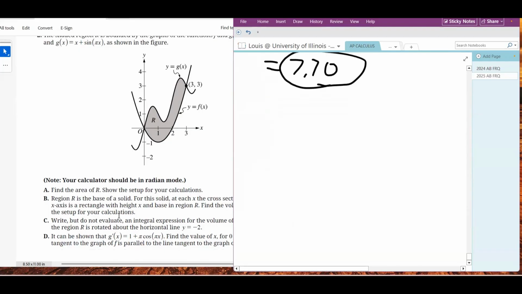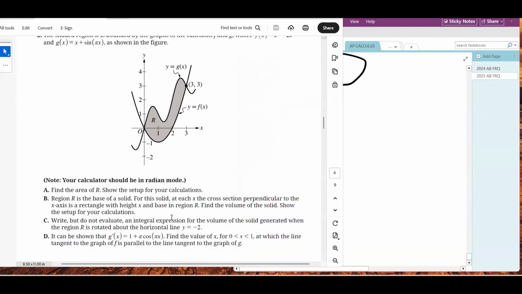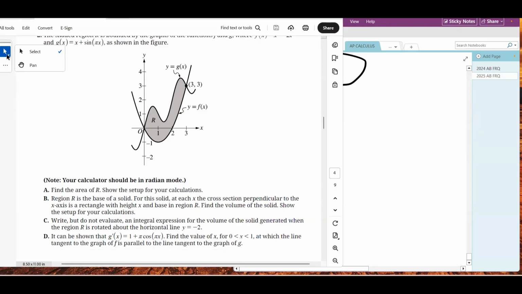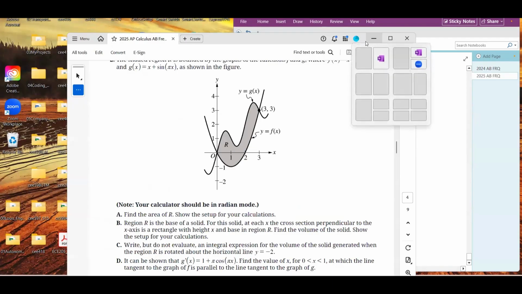Part C, write but do not evaluate an integral expression for the volume of the solid generated when the region R is rotated about the horizontal line y equals -2. Okay. So in this case, we're not rotating about x equals 0. In fact, we're rotating about the line y equals -2. So I'll try to explain this.